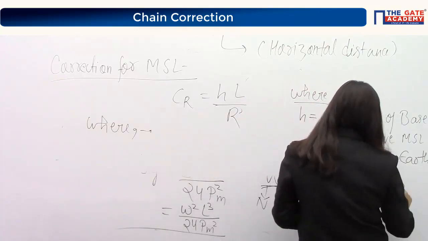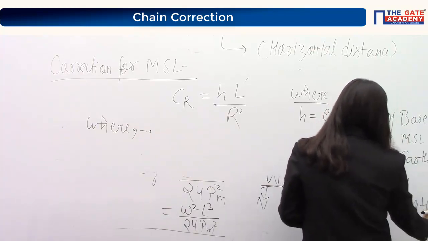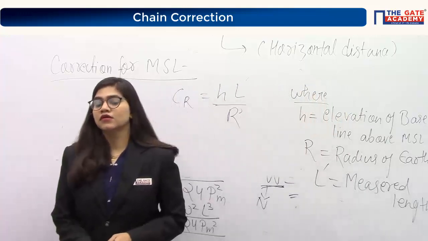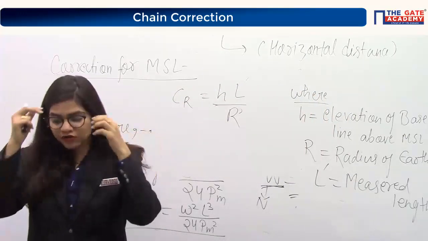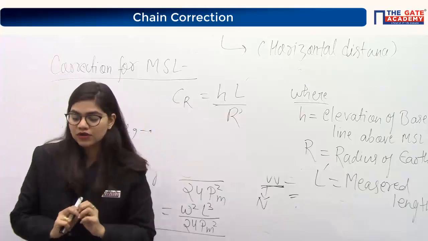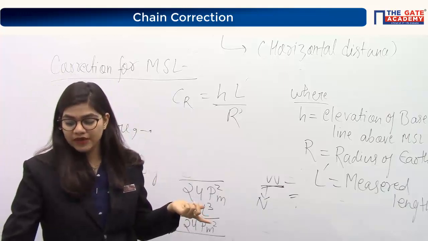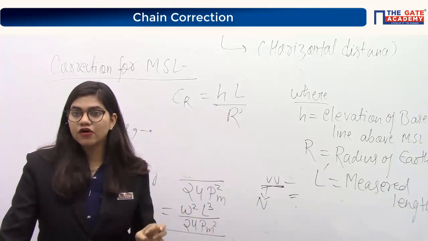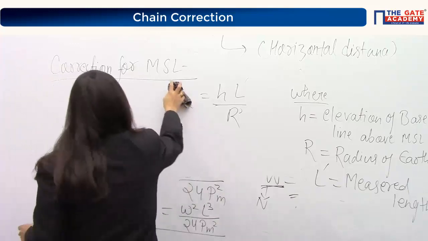It will be clear. Can you solve for all these corrections? Correction for pull. Next is correction for temperature. Then correction for slope and correction for MSL. Find it and tell me the answer.